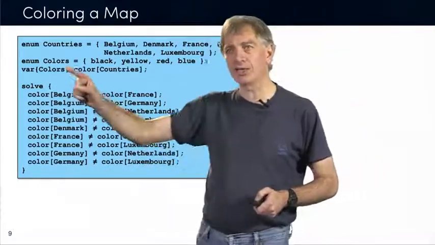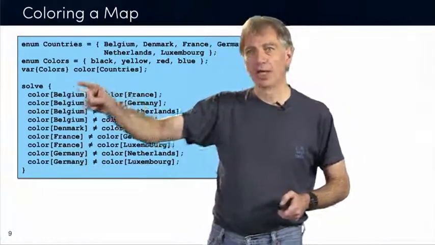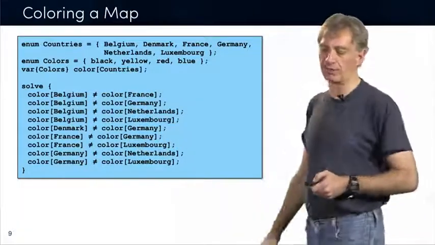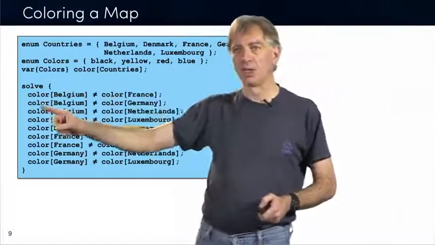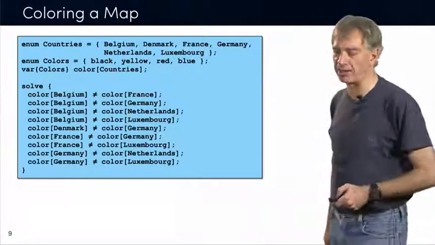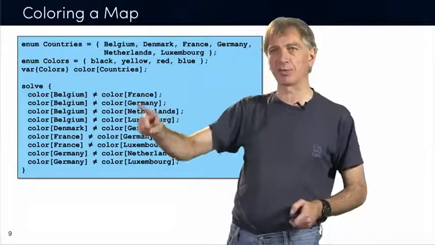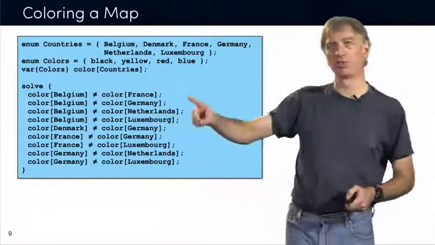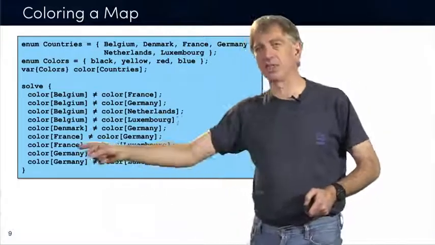We are trying to find a solution which uses these four colors and satisfies all these adjacency constraints. You know that Belgium is adjacent to France, so we want to be sure that the color of Belgium is different from the color of France. So you have this not-equal constraint saying the values of these two variables have to be different. Same thing between Belgium and Germany, and up to the very last, which is between Germany and Luxembourg.